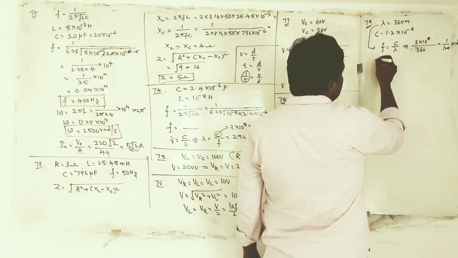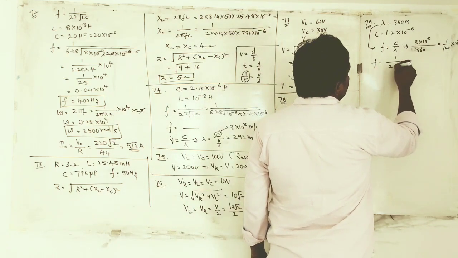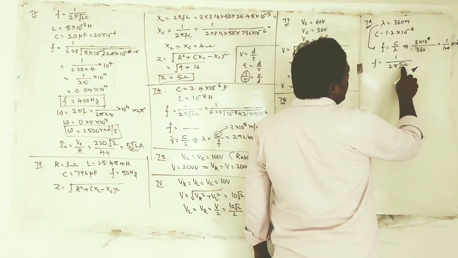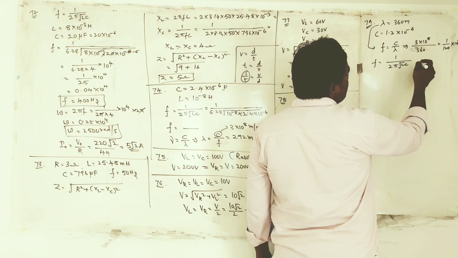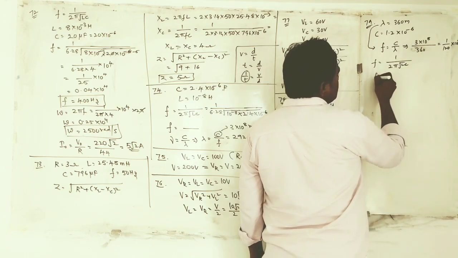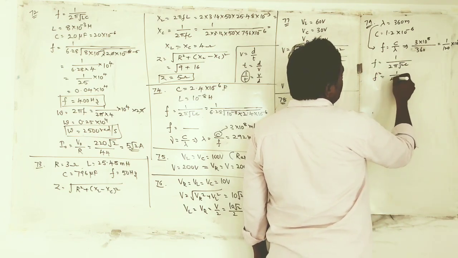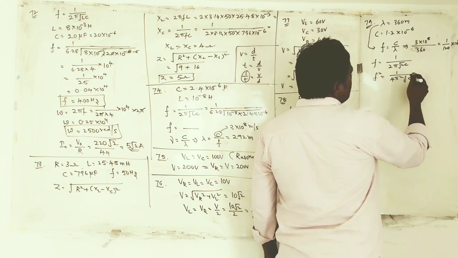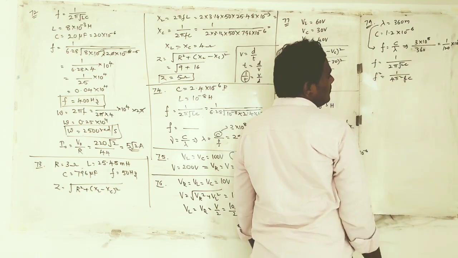Now this is equal to the formula 1 divided by 2 pi root of LC, where you take L common. To get L, square on both sides. If you square on both sides, it becomes F square equals 1 by 4 pi square LC. Root will get cancelled.